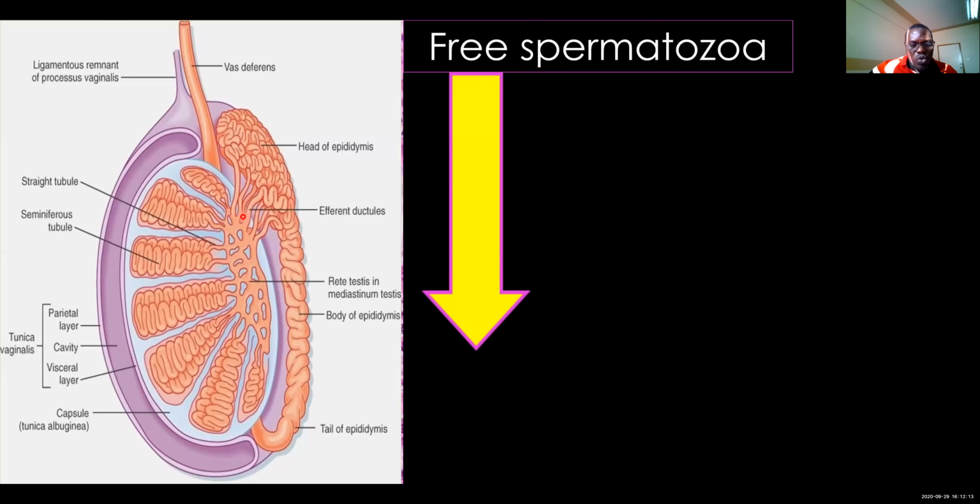They'll pass through this region of the testis, which we call the rete testis, and enter into this region, which we call the epididymis. So in simple terms, the sperms move from the testis to the epididymis.